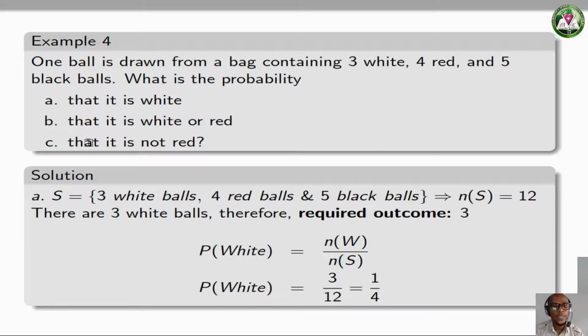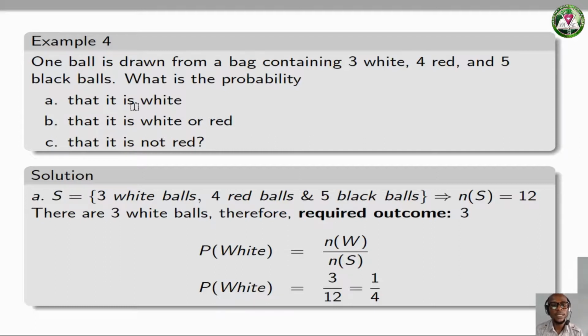The example states that one ball is drawn from a bag containing 3 white, 4 red, and 5 black balls. What is the probability A that it is white? Remember the question says one ball is drawn, so I have to take note of that.